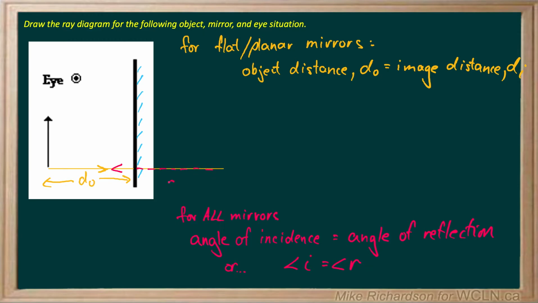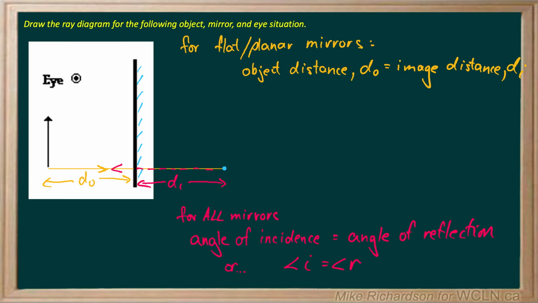And that image distance is exactly the same as the object distance. So in other words, the bottom of that arrow will be located here. So I'll do that in blue. There's the bottom of our arrow. Now similarly, we can do the top.